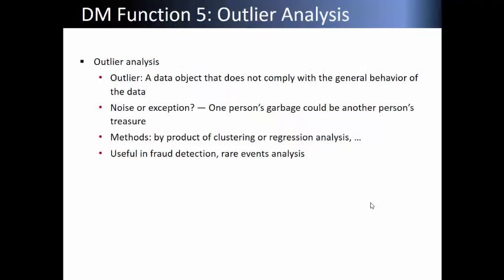Outlier analysis. As you do clustering, let's assume there is some noise. We call that an outlier, some noise. If we really want to include that noise, then that affects our clustering a lot, only because we include that outlier. So, good data mining techniques first take out the outlier.